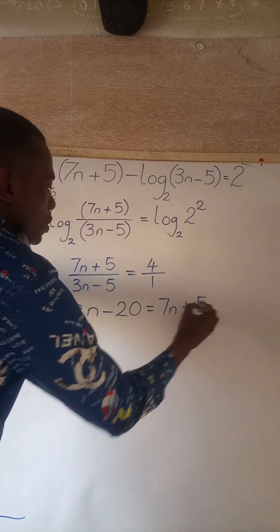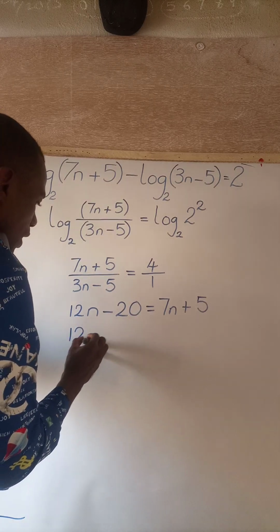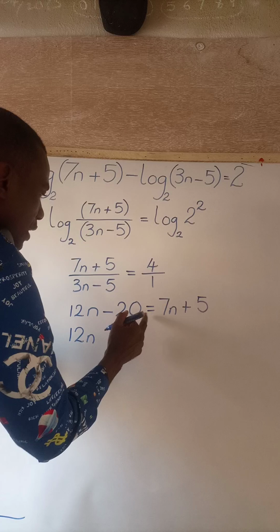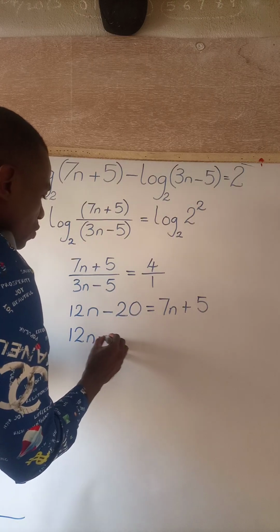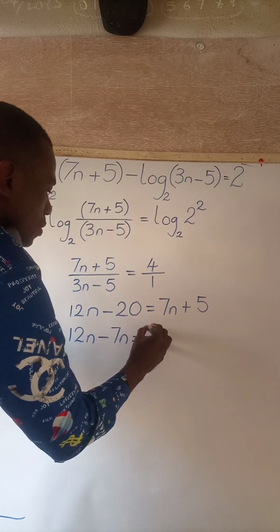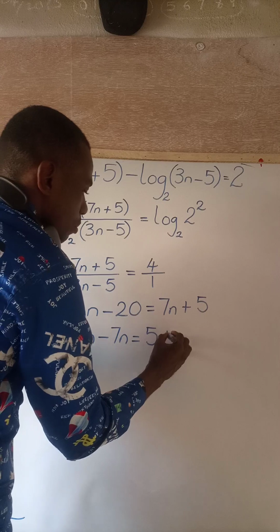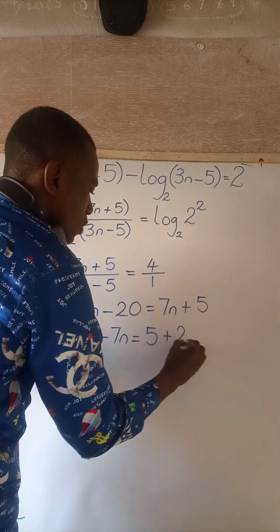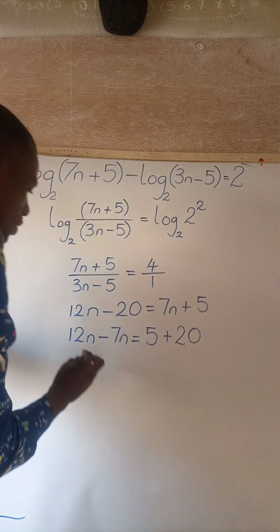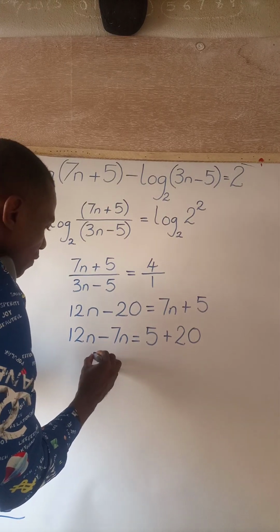So the next thing I will do is collect the like terms, which is 12n. When this 7n crosses this equality sign, the sign will change to minus. We now have minus 7n is equal to 5. When this minus 20 crosses, it will become plus, so we now have plus 20, which is 12n minus 7n giving us 5n.